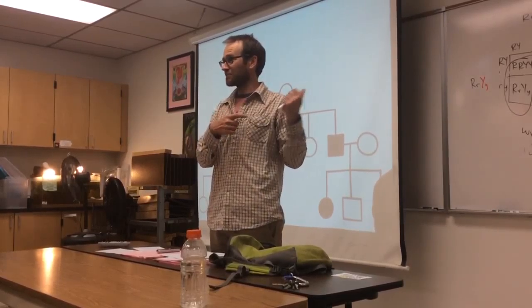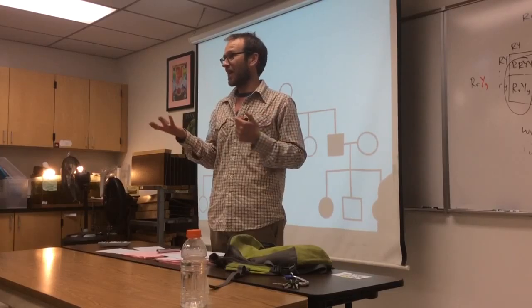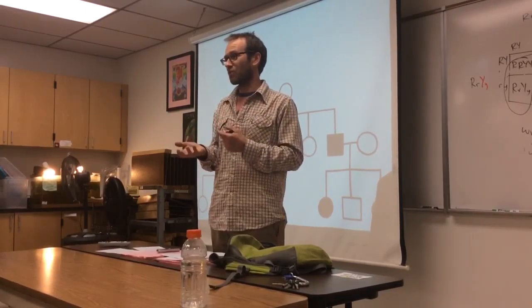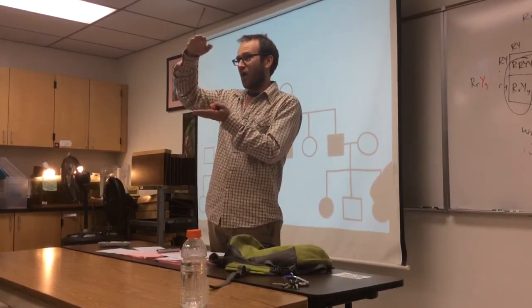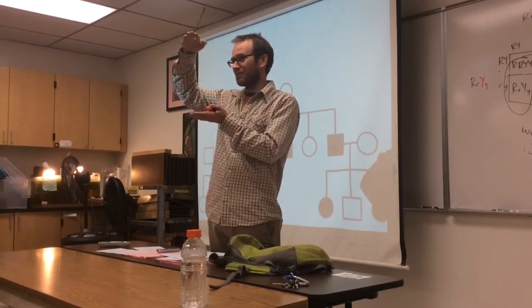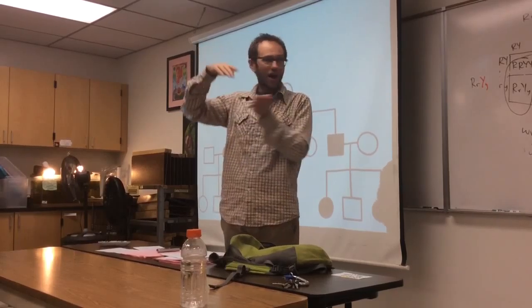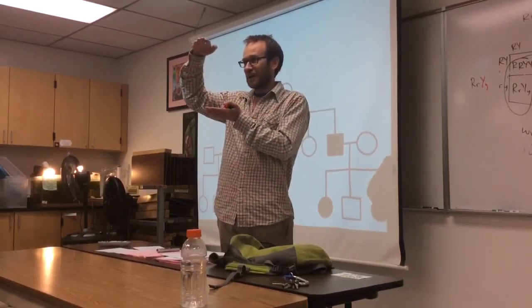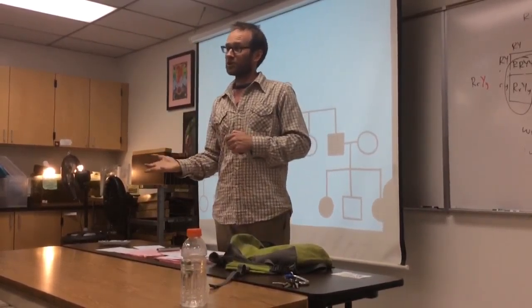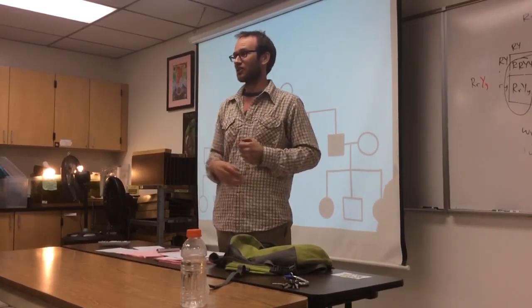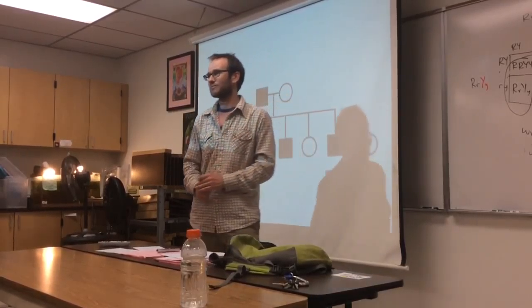Back in the old days, before we could sequence DNA, they came up with this measurement called the centimorgan, which is a measurement of how often recombination occurs between them. And the cool thing is that that measure, which is derived just from counting types of offspring, correlates pretty well with physical distance on the chromosome. So it's kind of a cool experiment.